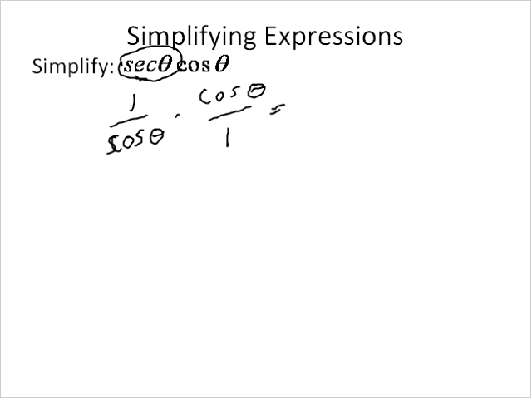When I multiply those out, just like a normal old fraction, I'll wind up with cosine theta divided by cosine theta, which is a 1. And that's it. We've just simplified my expression secant times cosine, and that's just a 1.